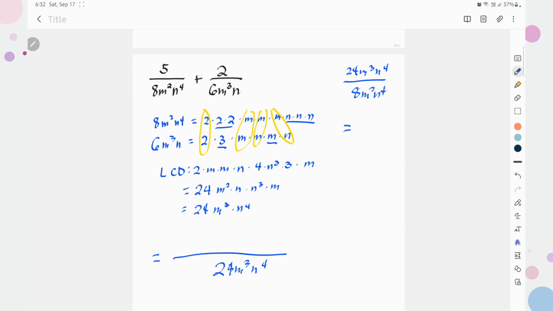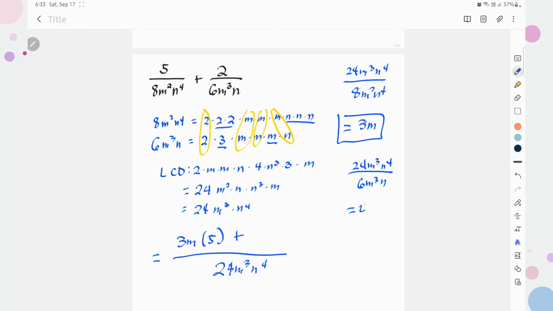So what would be the answer? 24 divided by 8, I believe that is 3. And then m squared over m gives m. And then this is now the thing that you multiply. So 3m times 5 for the numerator. Then plus, you have now 24m cubed n to the 4th divided by 6m cubed n.